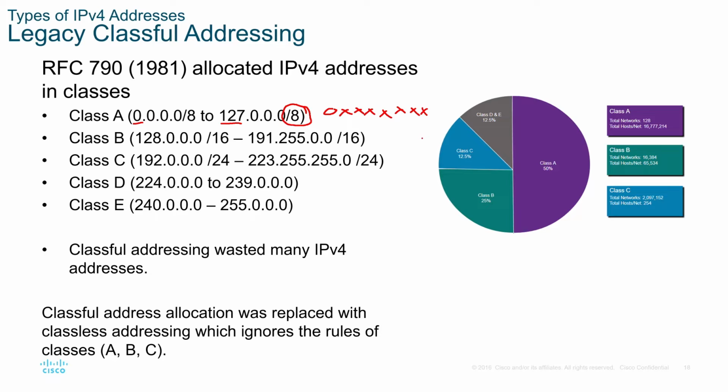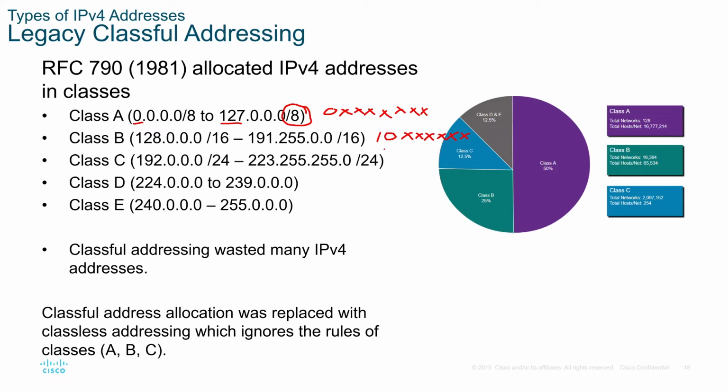A Class B goes from 128 to 191. A Class B address starts with 1, 0. And the rest of the first octet can be anything.